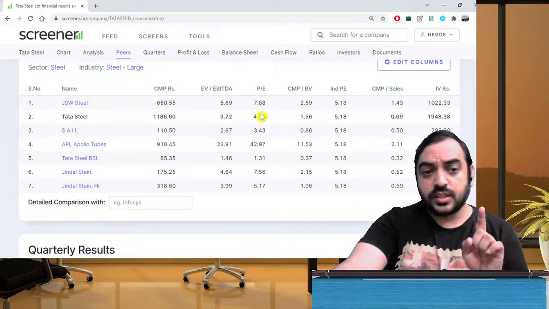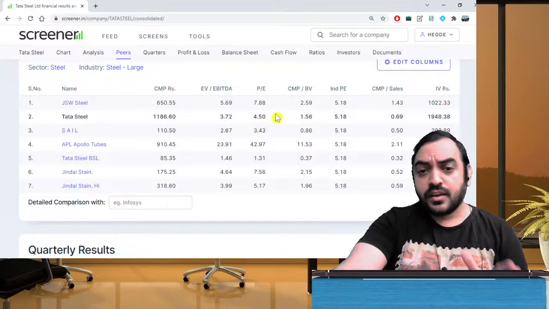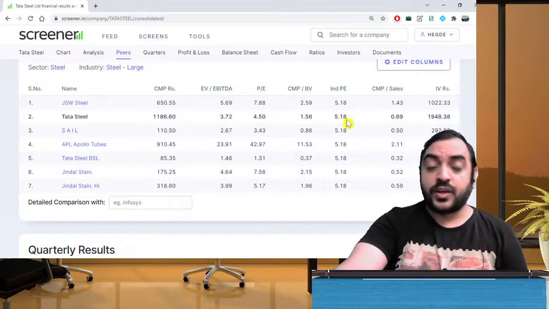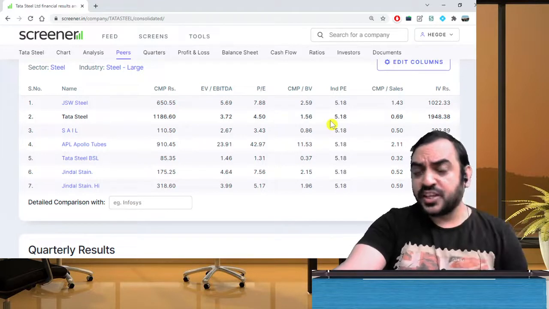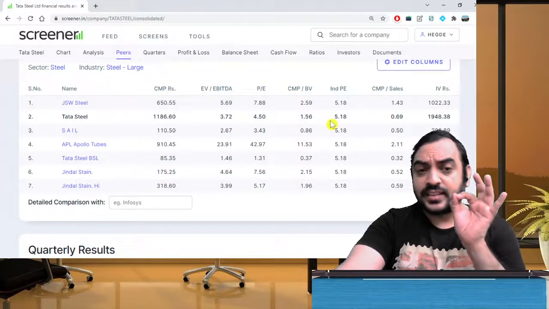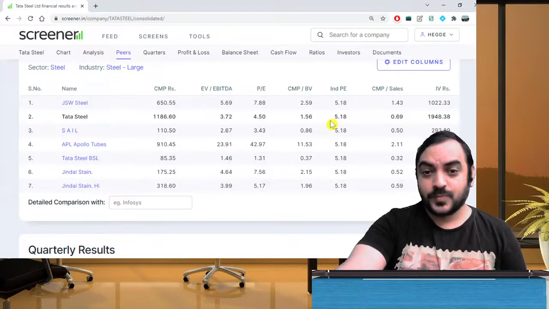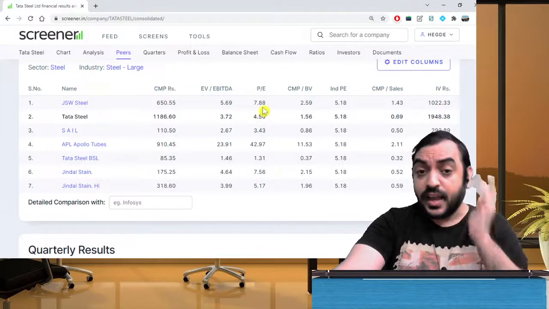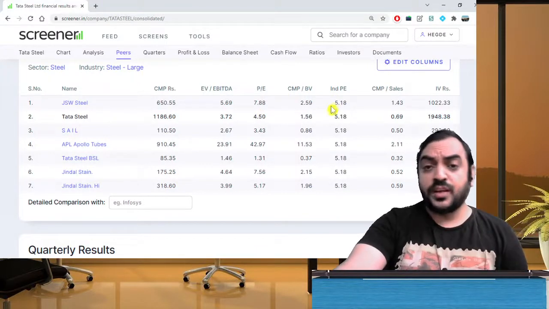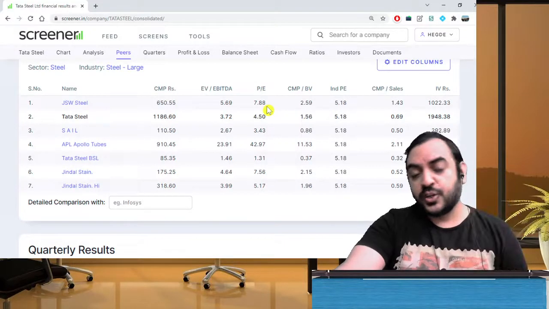You see, Tata Steel has a P ratio of 4.5 and the industry P ratio is 5.18. So Tata Steel at 4.5 is below the industry P ratio, so I can say Tata Steel is undervalued. Whereas JSW Steel has a P ratio of 7.88, which is higher than the industry P ratio of 5.18. So JSW Steel is overvalued.